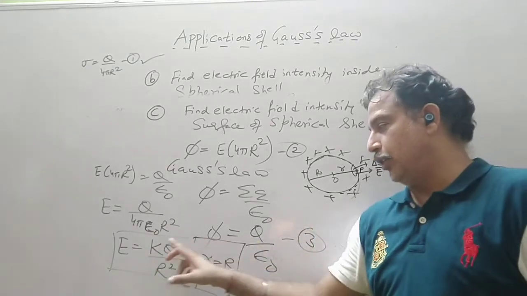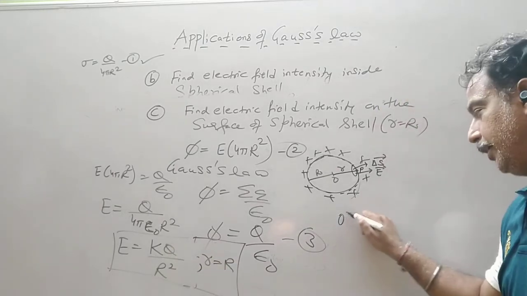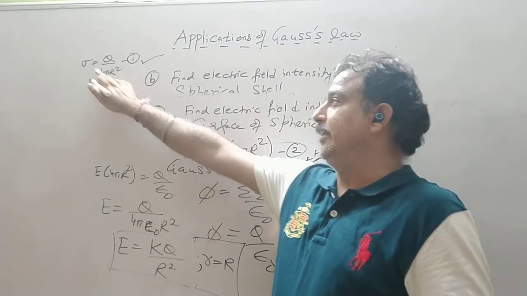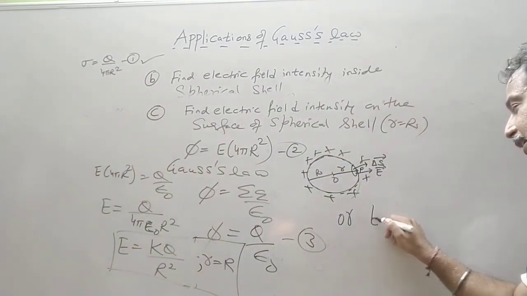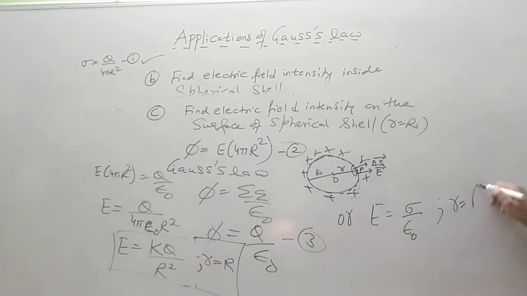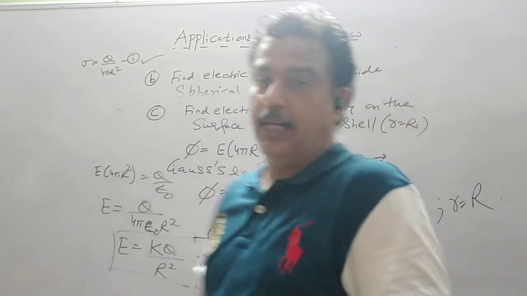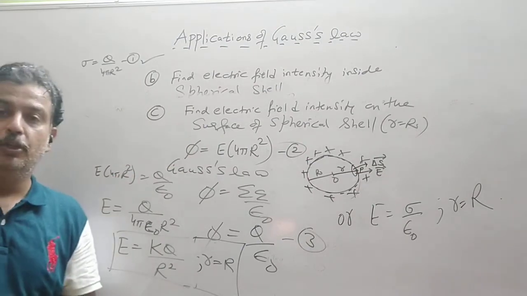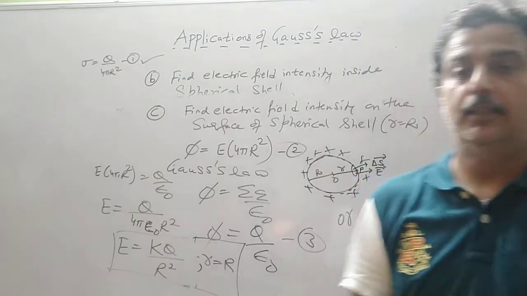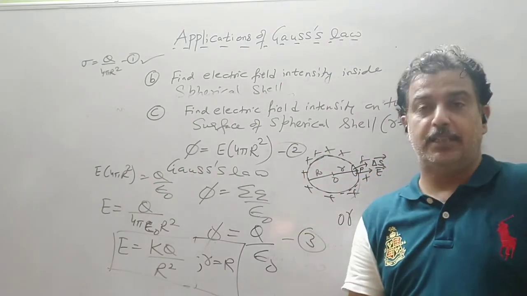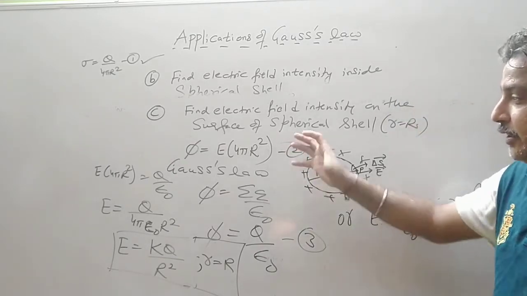So either it becomes kq upon r square, or if I make use of this equation 1, in the place of capital Q I write sigma times 4 pi r square, I get E is equal to sigma upon epsilon naught, where small r is equal to capital R. So this is the first application of the Gauss law, where the source was a spherical shell and the charge was uniformly distributed over its surface. So you see the steps.